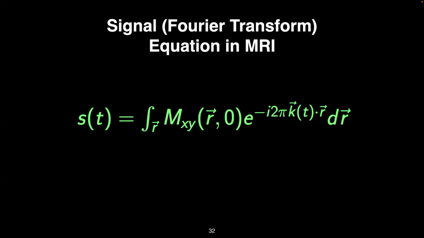And this frightening looking equation here, which is the last one I think I have in the lecture, is just saying that this MXY represents the image that we're trying to get at. This is the image we want at the end. This S here is our signal that we're trying to detect.